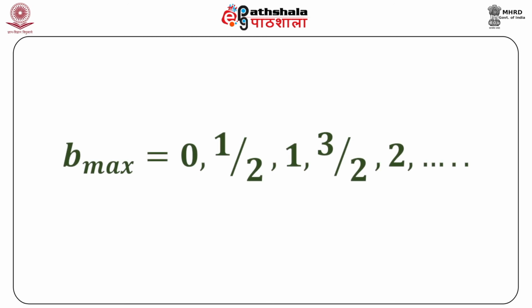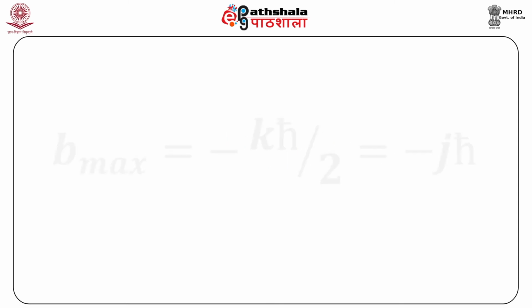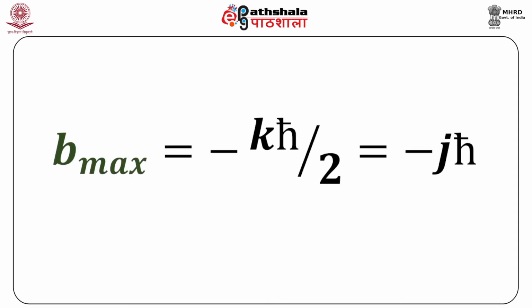So B max can have values 0, 1 by 2, 1, 3 by 2, 2 and so on. And likewise B min becomes equal to minus K h cross by 2, which is equal to minus J h cross.